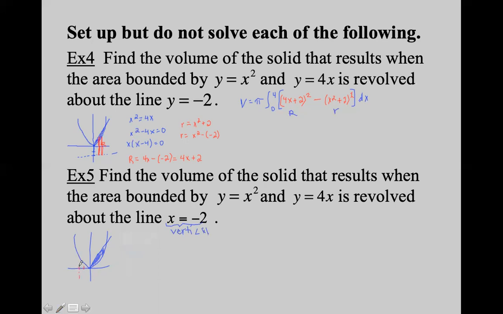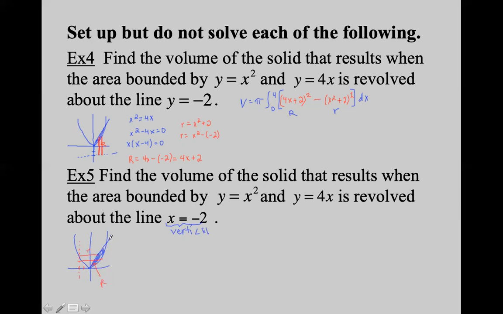So big R is going to be the distance all the way to the parabola this time. And little r is going to be the distance from the axis of revolution to the linear function.